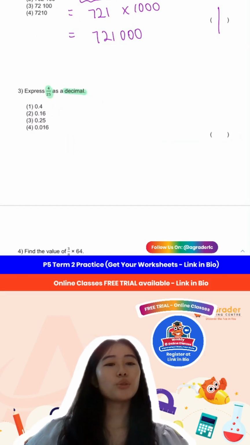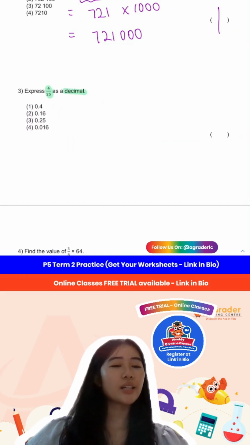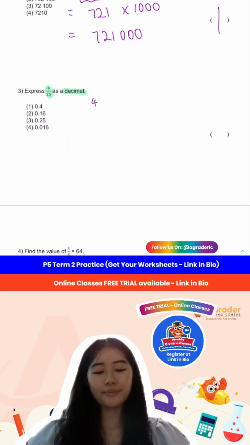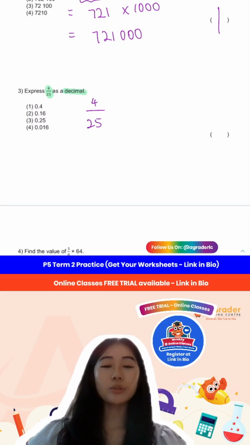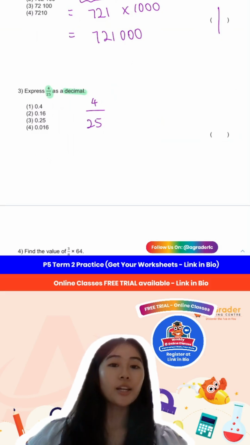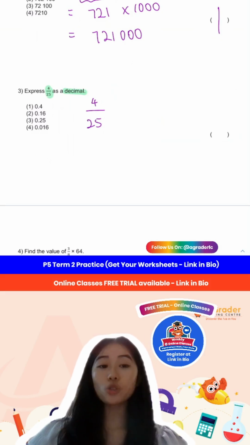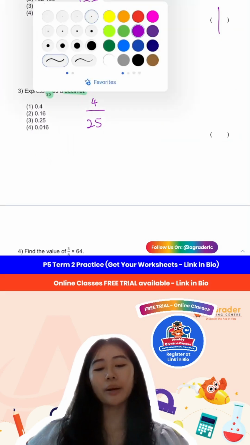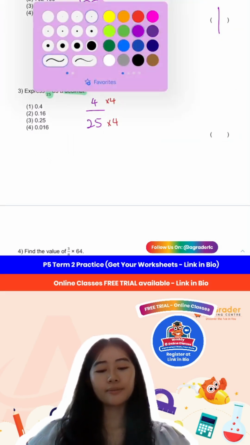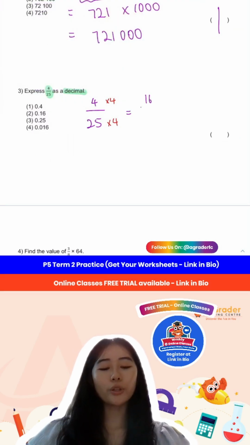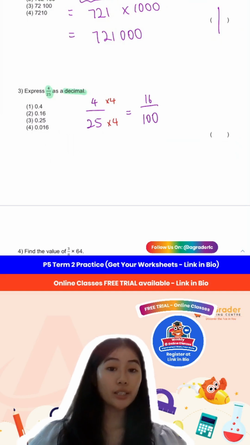Okay, so the rest of you who have sent in your answers, I think most of you are correct. Let's go through this. So when you want to change a fraction into a decimal, make sure that the denominator is either 10, 100 or 1000. So in this case, I'm going to change it to 100 by multiplying by 4. After you multiply by 4, you will get 16 over 100. Then you can see how many zeros there are.